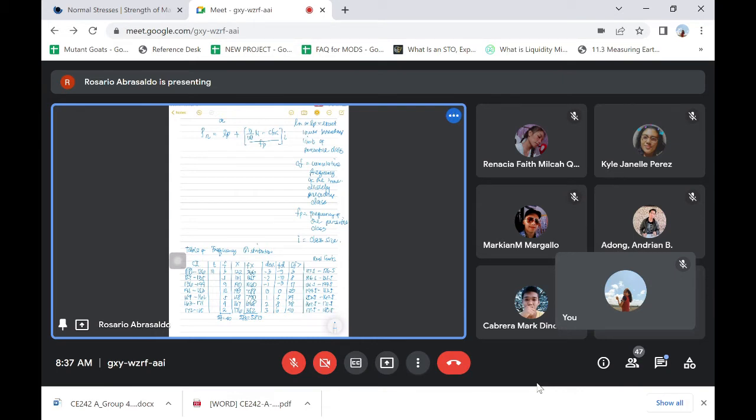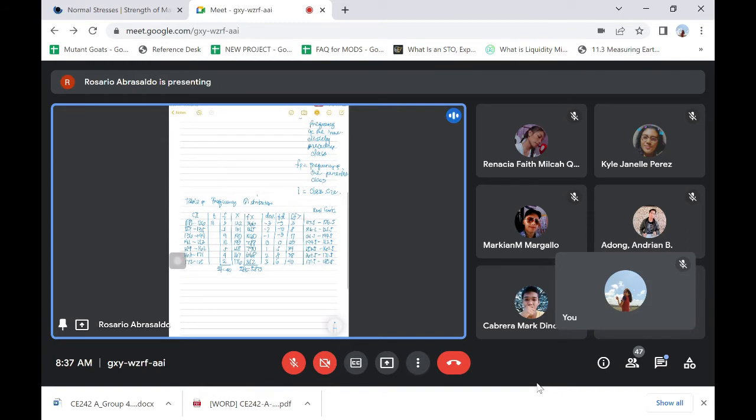Okay. So here for the percentile class, for group data. So example, no, iko find the 10th percentile.